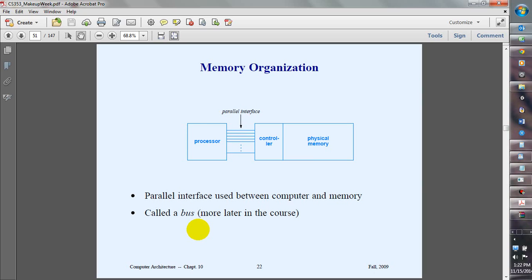We're going to talk about the bus idea later in the book. For now, all that's important is to understand that there is a bus that goes between the controller and the processor, and that it can effectively transfer our requests from the processor to the memory system.